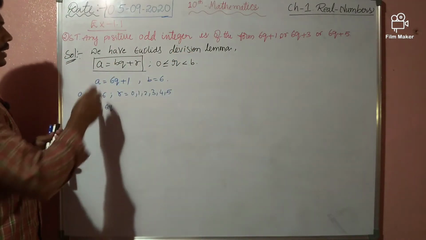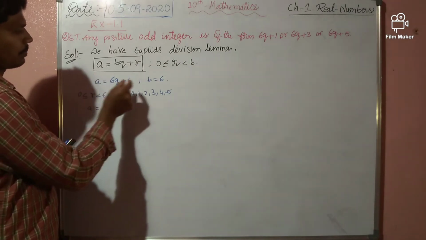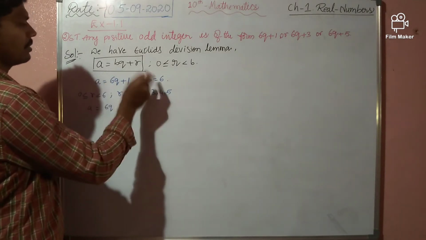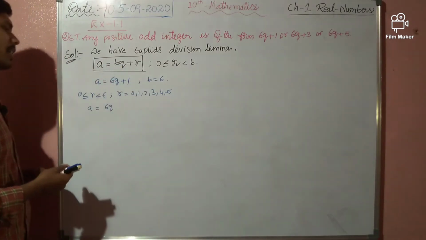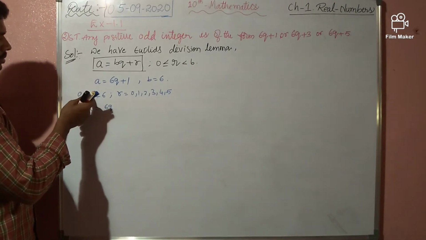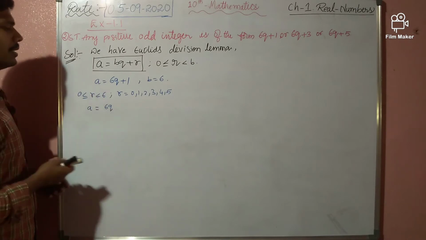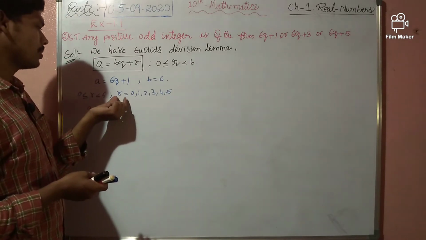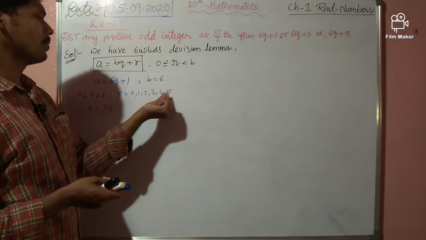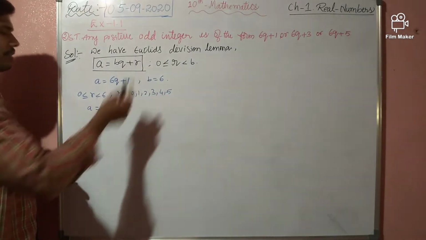So the given number is equal to 6q plus 1. Here in place of b we have 6. So r might be equal to 0 or more than 0 but less than 6. Means r values should be 0, 1, 2, 3, 4, 5. Why till 5? Less than 6 means still 5.